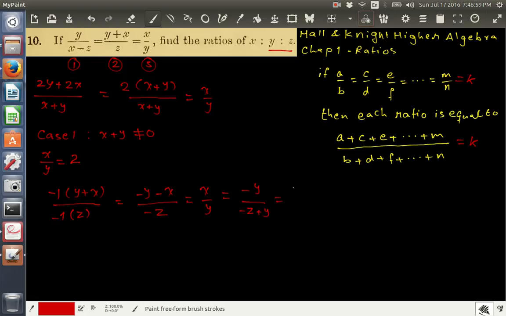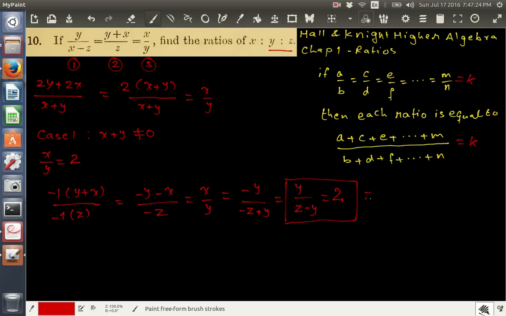This can be written as y over z minus y. Now all of these ratios are still equal to x over y, so this is also equal to 2. Now from this last equation we can find y over z.